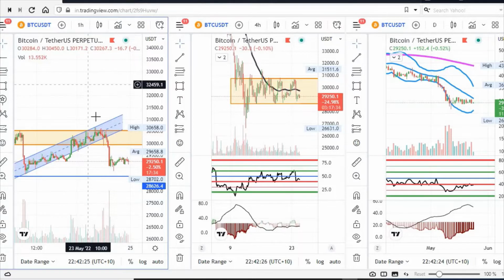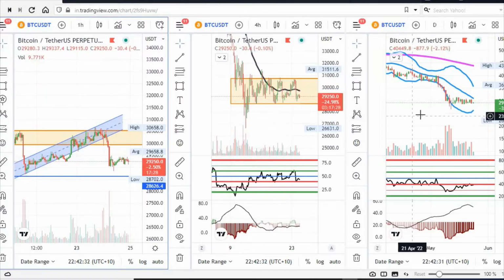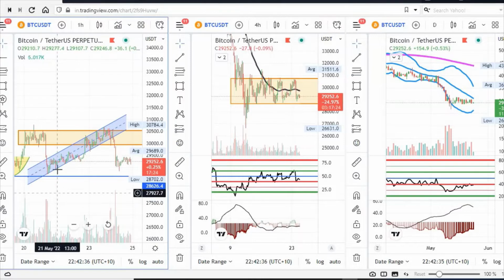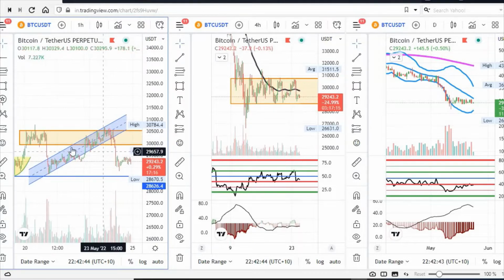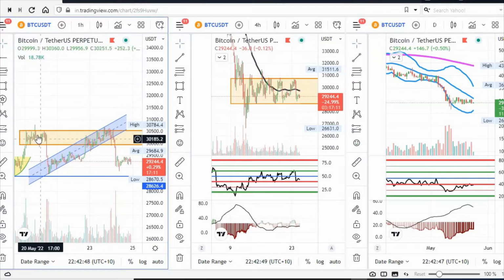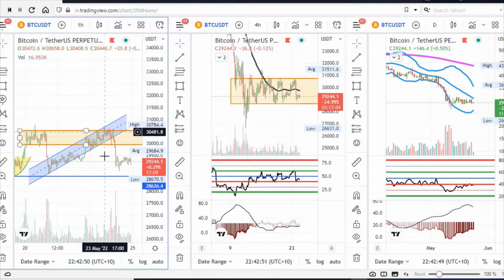We have three time frame charts of Bitcoin in front of us. This is 1 hourly, this is 4 hourly, this is daily chart. In 1 hourly, yesterday we saw that Bitcoin was trading within this particular parallel channel, but we were also seeing that it was trading near to this resistance zone of this particular rectangle.